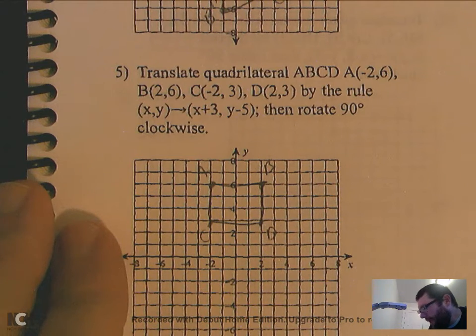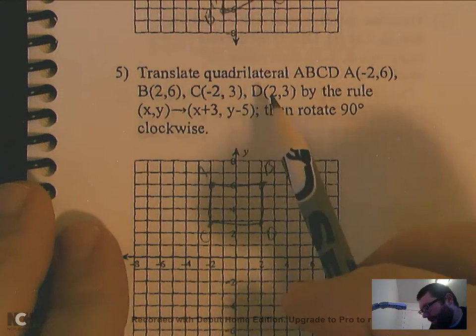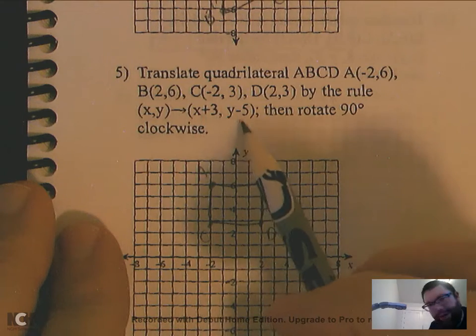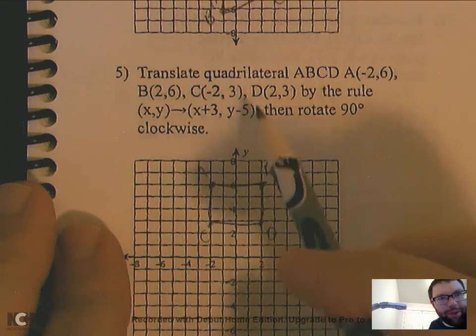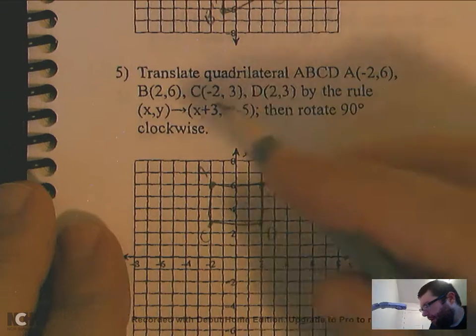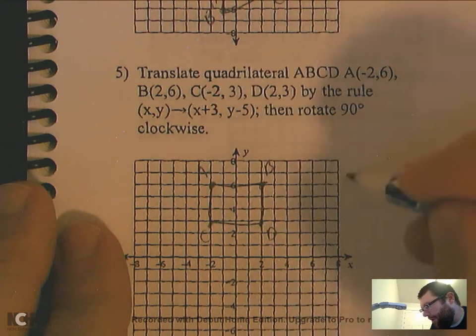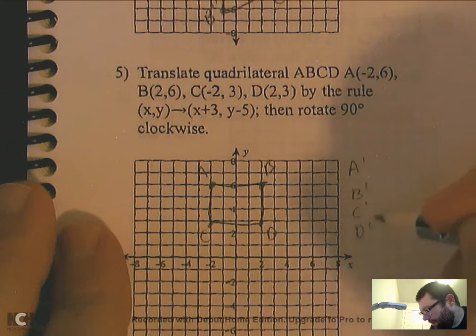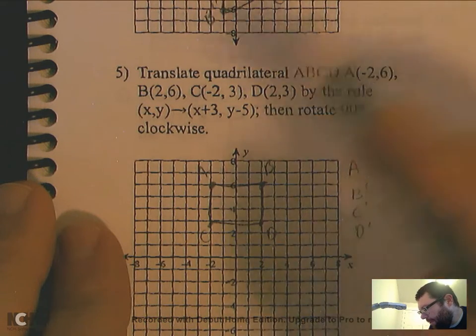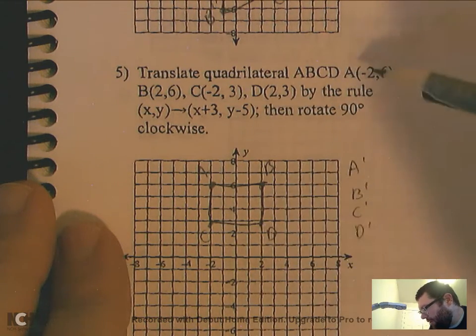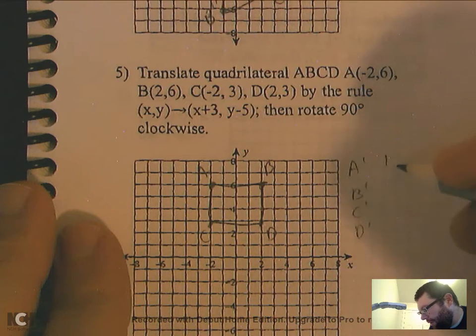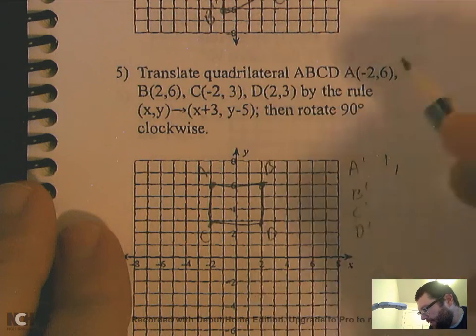Okay. Then the first thing it wants me to do is translate it by x plus 3, y minus 5. So that means 3 right, 5 down. Or again, I could just add those points. So add 3 to all the x's. I'm going to do that just so I have all the numbers here. Okay, so if I add 3 to -2, it would be 1. And if I minus 5 from 6, it would be 1. So 1, 1.